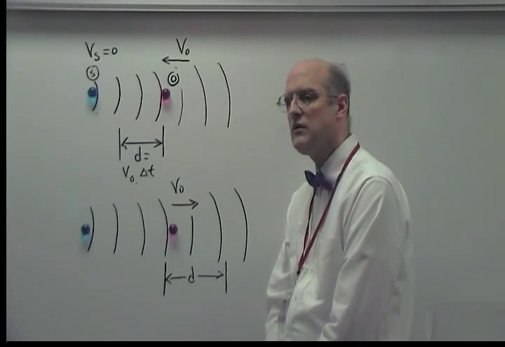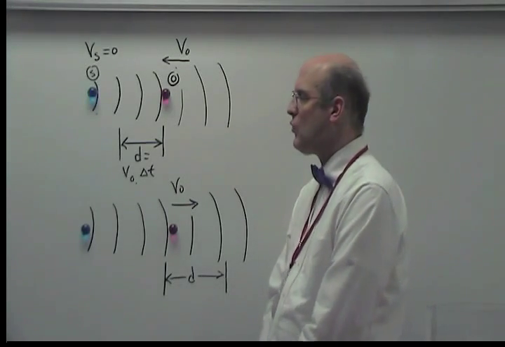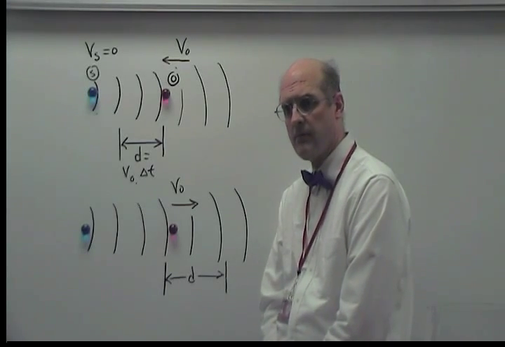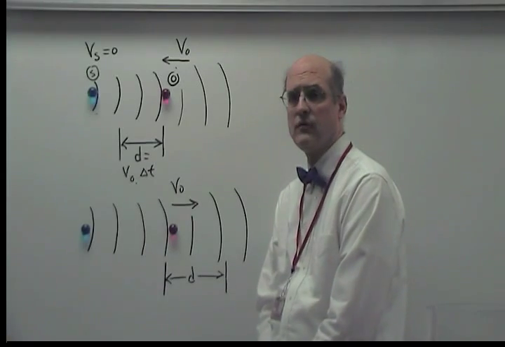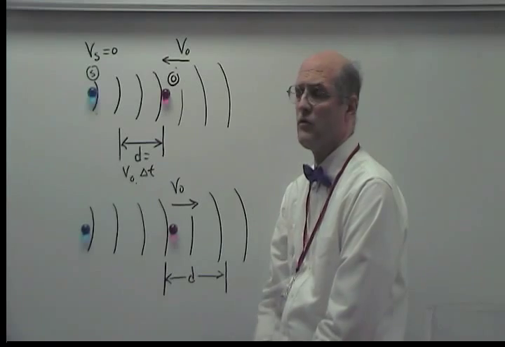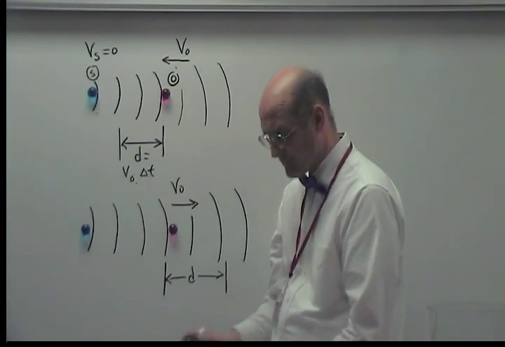What that will give you is the additional number of wavelengths that you encounter per unit of time. And that's a frequency. And you would have to add that to the frequency of the source, which is the frequency of the waves you would detect anyway if you weren't moving.